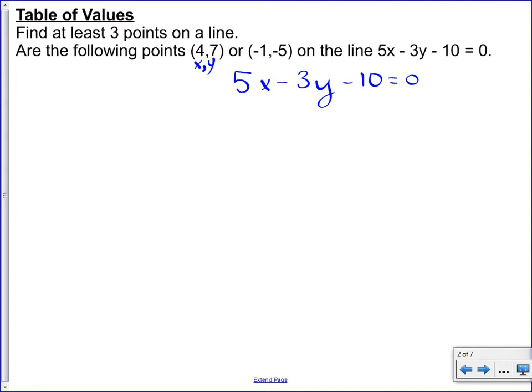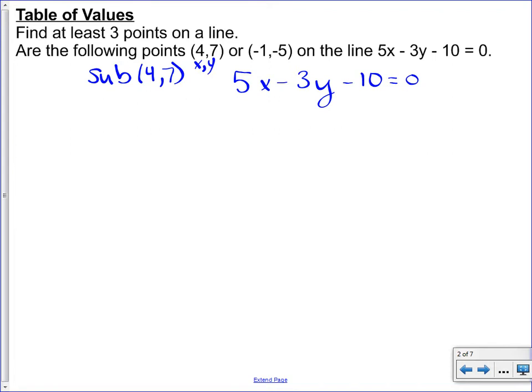So let's check this out. For (4, 7), I'm going to sub 4, 7 into this equation. When I sub it into this equation, Autumn, what will I write? So I'm going to start with this, 5. Whoa, not 4x.